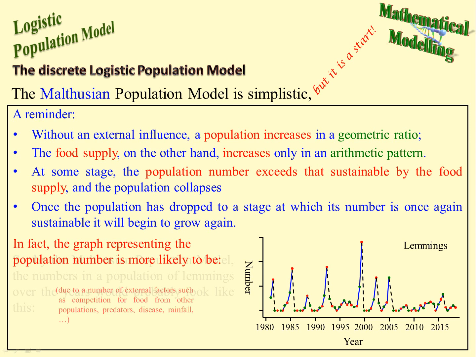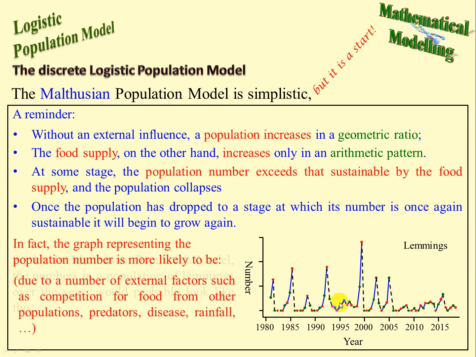There are going to be certain influences like diseases. There must have been a disease at this stage. There must have been something quite serious happen here, where the population didn't recover for a long time. And there are other external factors, such as competition from other populations, predators, disease, rainfall, floods, droughts, and so on.